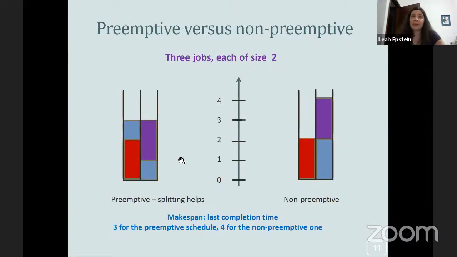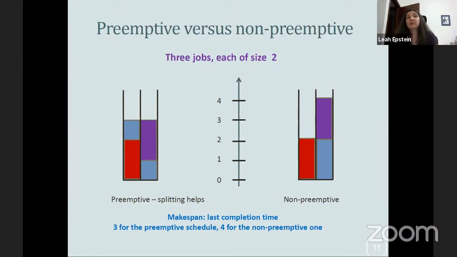And on the next slide, you can see that preemption does help if you have more jobs. So in this case, you have 3 jobs, each one has size 2. If you cannot split jobs, by the pigeonhole principle, you're going to have 2 jobs on the same machine and completion time of 4, or at least 4, because you could use idle time.